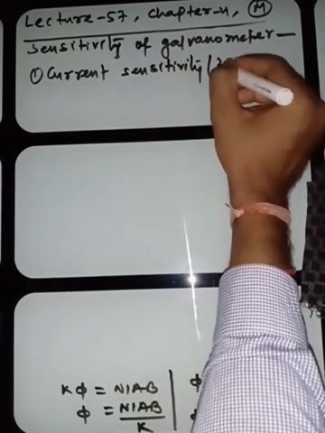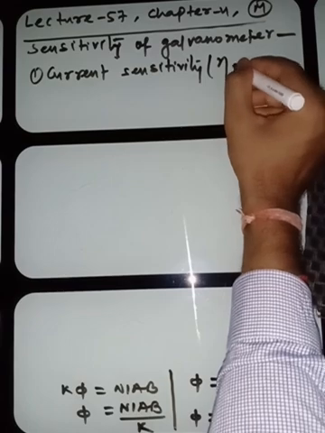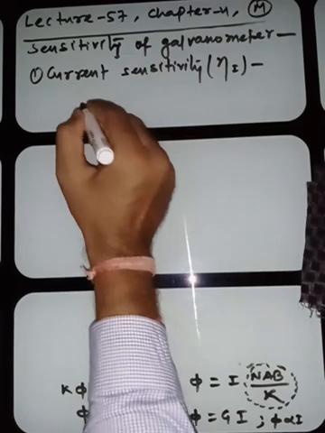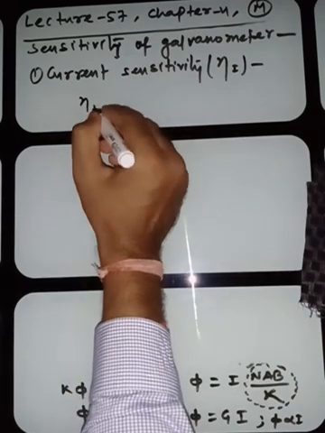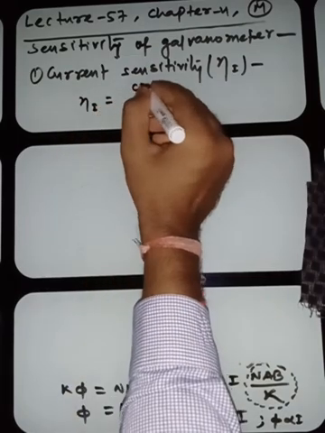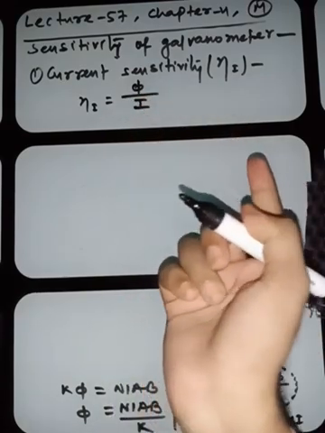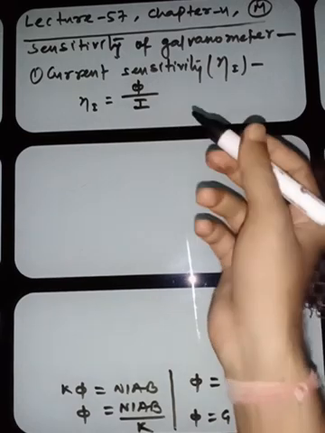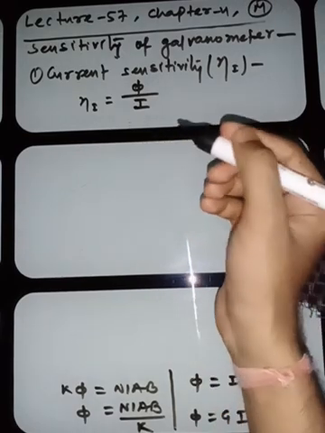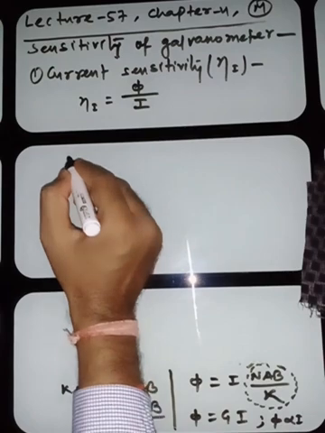It is represented by eta I. This current sensitivity is mathematically defined as the deflection per unit current. You are giving the current and how much it is twisted. This is called the current sensitivity.